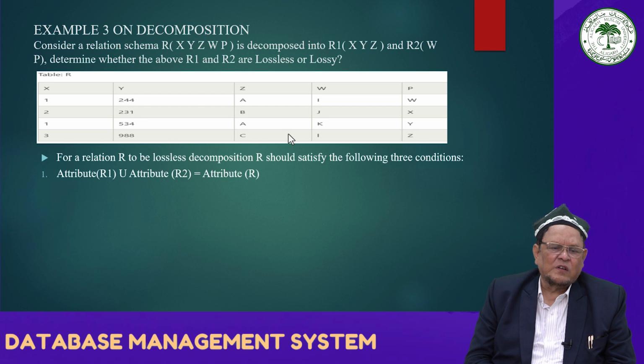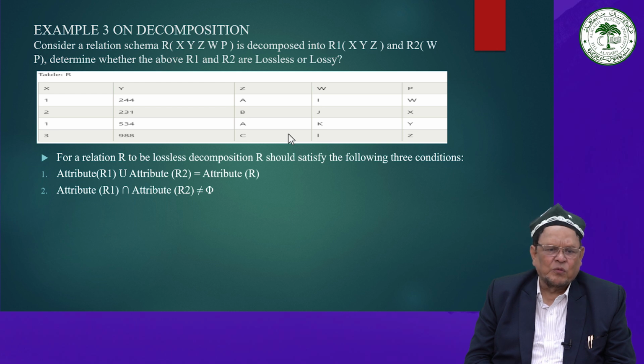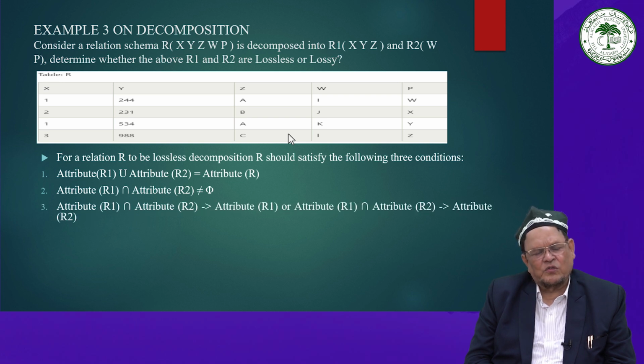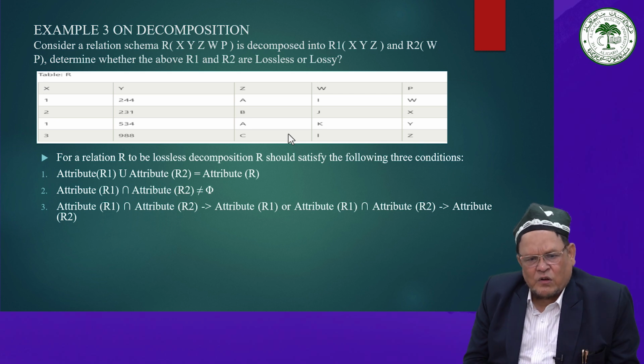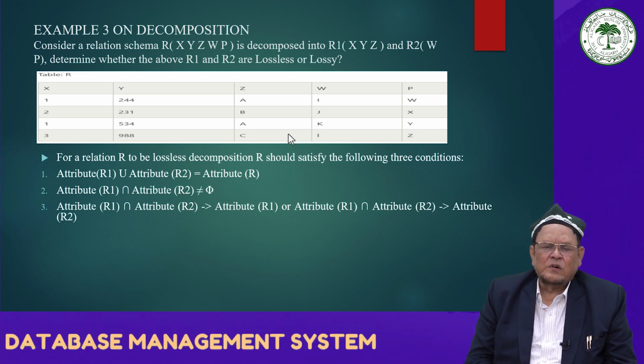Attributes R1 union attributes R2 must be attributes R. Attributes R1 intersection attributes R2 must not equal phi, and attributes R1 intersection attributes R2 must determine attributes R1, or attributes R1 intersection attributes R2 must determine attributes R2.